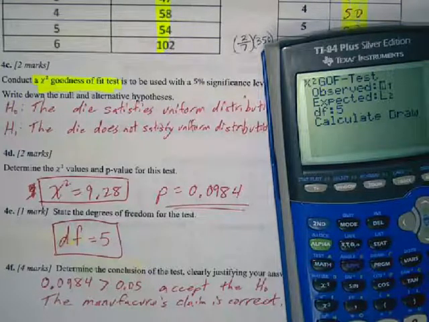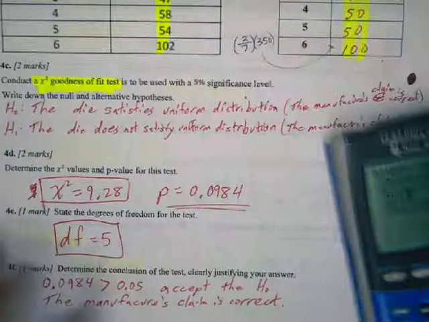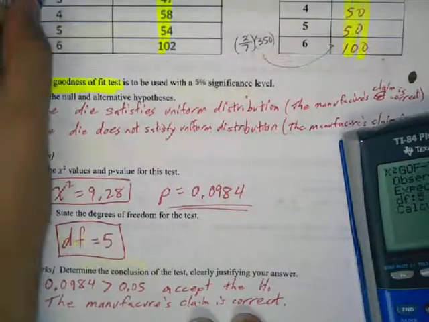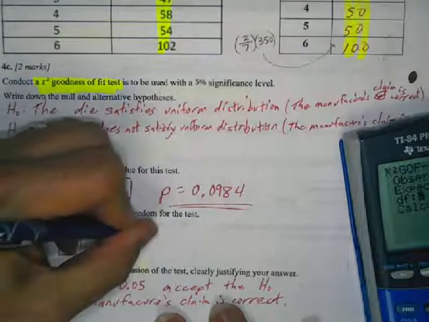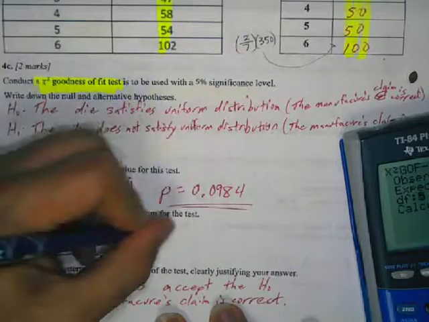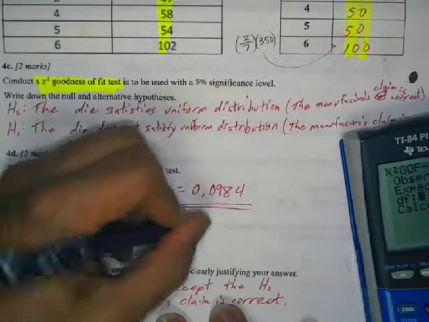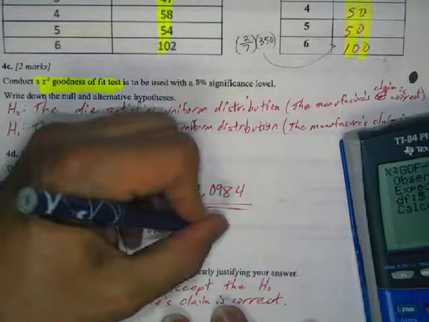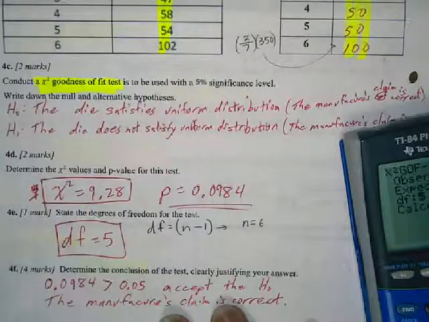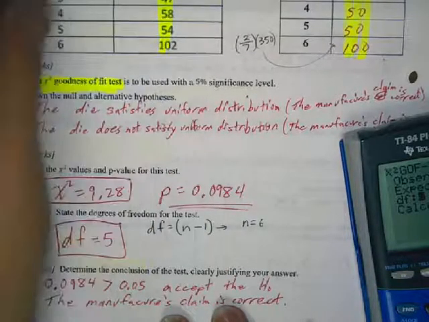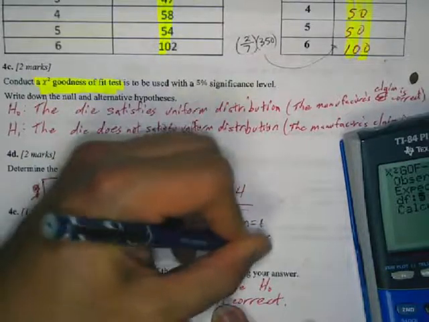Okay, so to do degrees of freedom, we're going to see how many columns do we have. 1, 2, 3, 4, 5, 6, right? So my degrees of freedom is the number of columns or number of rows, whatever it is, minus 1. And since n equals 6, because you can get a roll of 1 through 6, we know that the df is going to be equal to 6 minus 1.